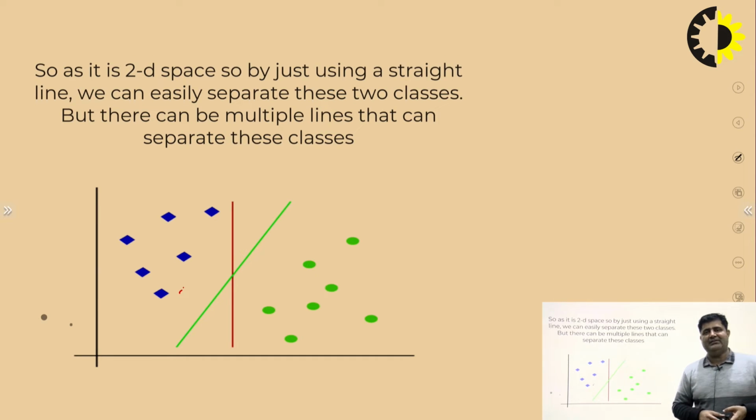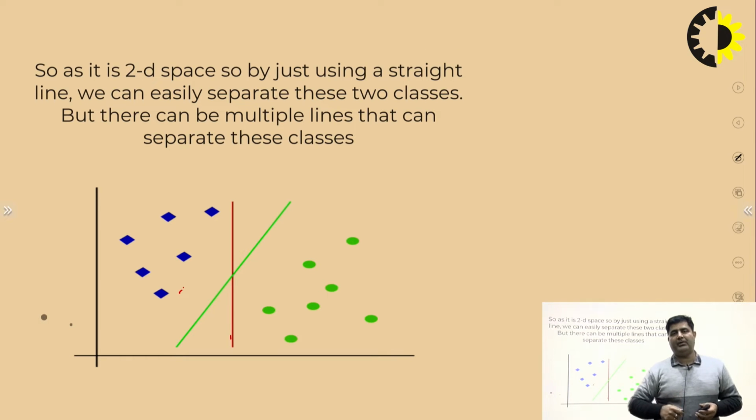We can divide the data points in this way, or this way, or we can put the line here. So we have a number of options, a number of ways, with multiple straight lines to divide the data points into two classes. Now the problem is which is the best line, which is the decision boundary line. This is the main objective of the SVM model.